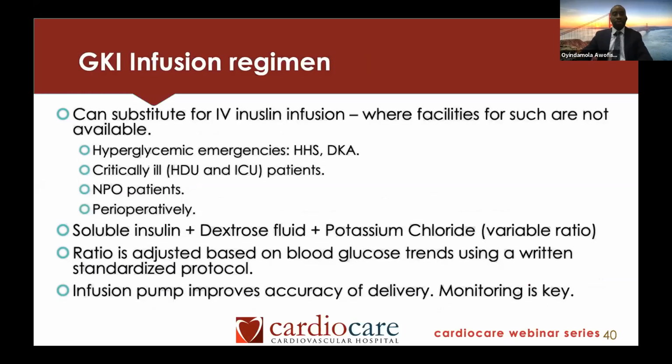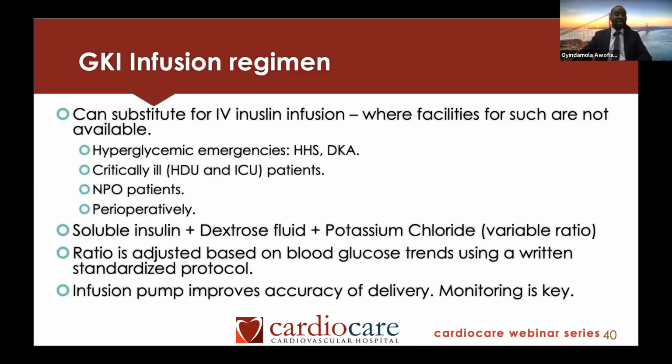Okay, so we also have the GKI infusion regimen. That's the glucose potassium insulin infusion, which many of us are familiar with. GKI infusion can substitute for IV insulin infusion where facilities for IV insulin infusion are not available. IV insulin infusion, as I mentioned earlier, requires a syringe pump, an ICU setting, trained nurses, an existing protocol, and of course very frequent checks of the blood glucose.